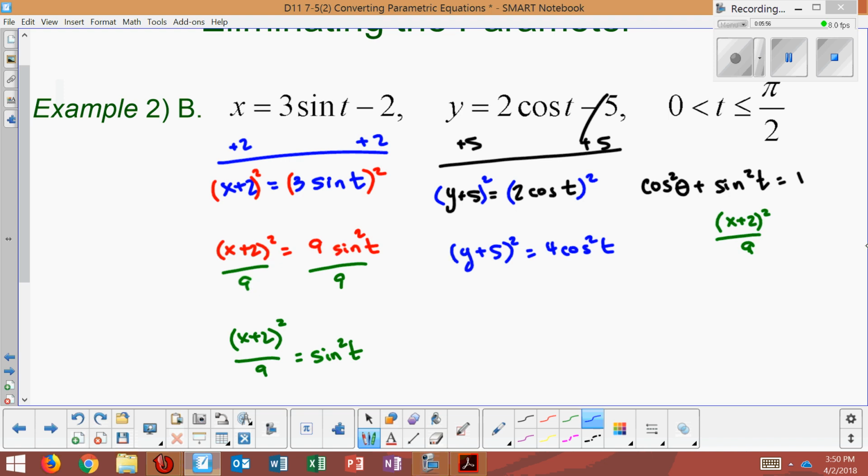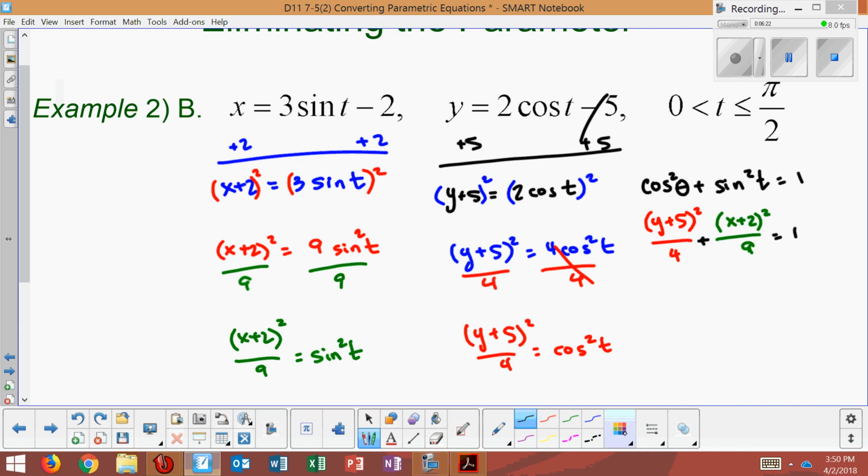Last step, now divide by 4, which gets canceled away. And so we have y plus 5 squared over 4 equals cosine squared t. So I substitute. Here I have y plus 5 quantity squared over 4, and this would be a plus, and that would equal 1, because when we substitute, that stuff would remain. So we now got our answer.